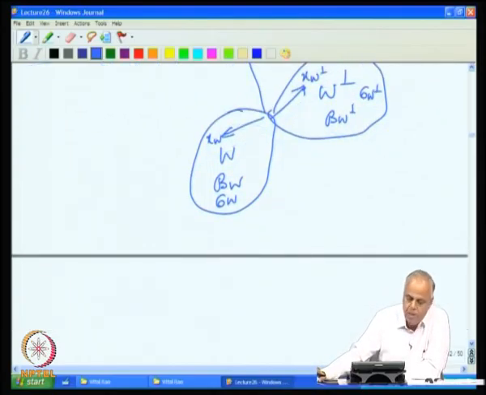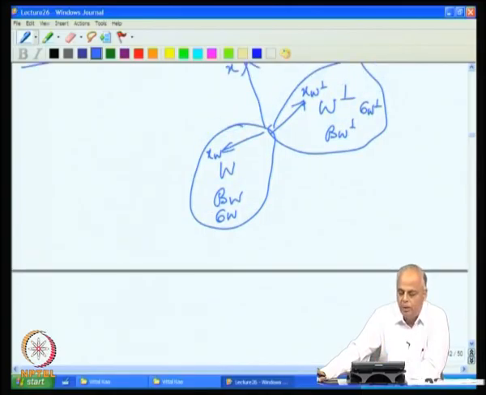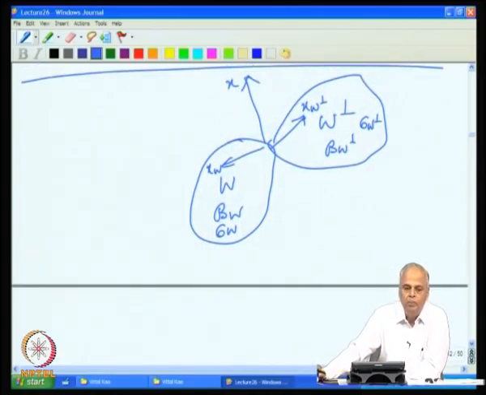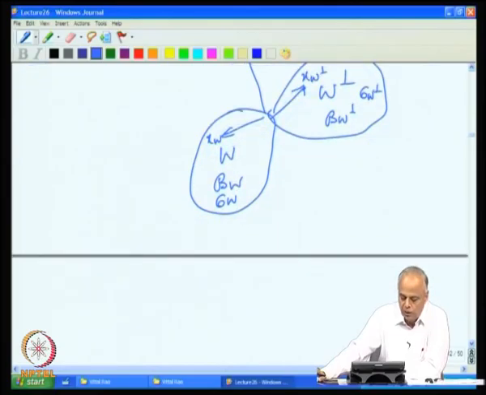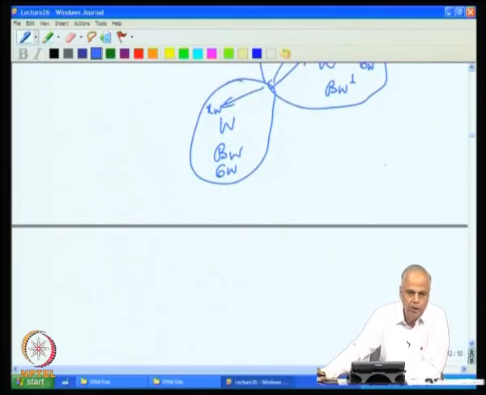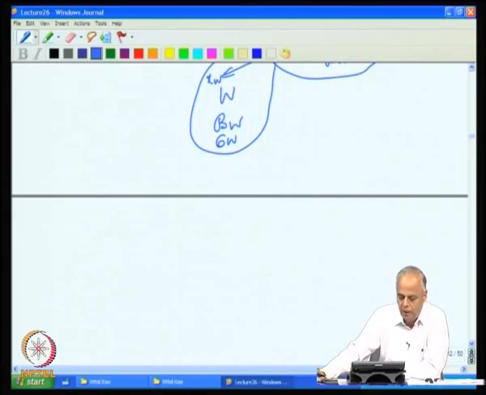Now, given the vector space, which W do we choose in order to analyze, which subspace and whose orthogonal complement will we choose, so that the splitting is useful for us? Therefore, the splitting of the vector space in terms of a subspace and its orthogonal complement depends on the problem that we have in hand.